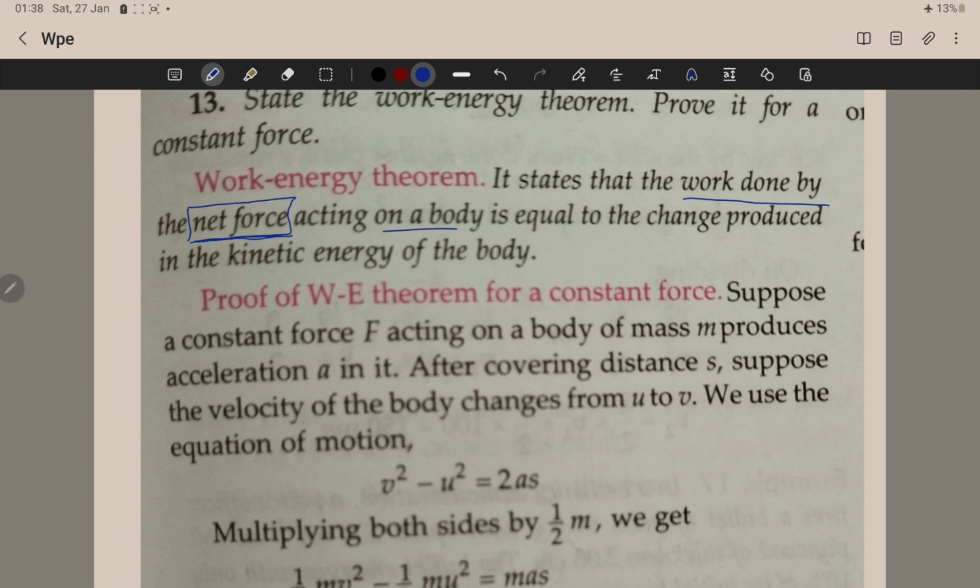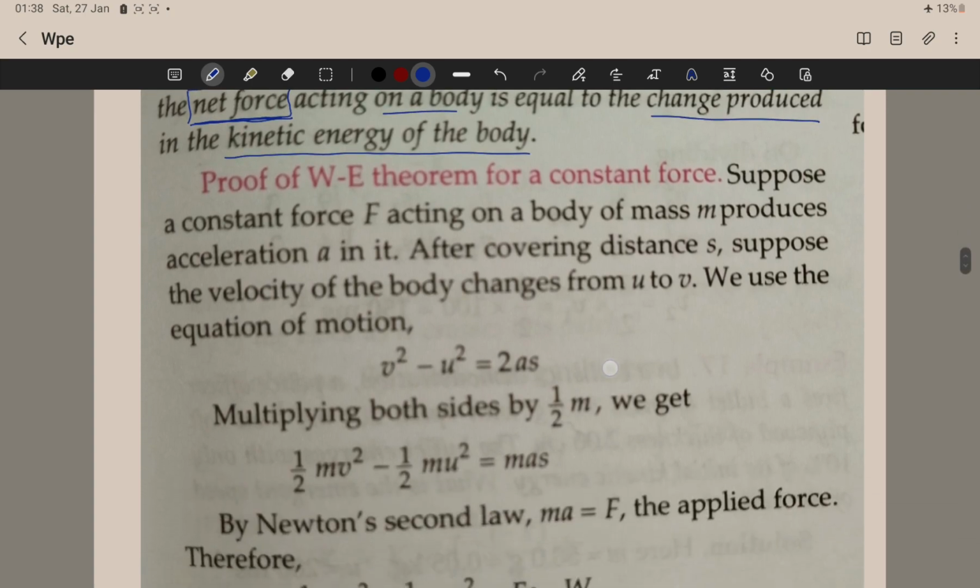Net force means that however many forces are acting, we find the resultant of all those forces. That net force acting on a body is equal to the change produced in the kinetic energy of the body. So we have to prove this.